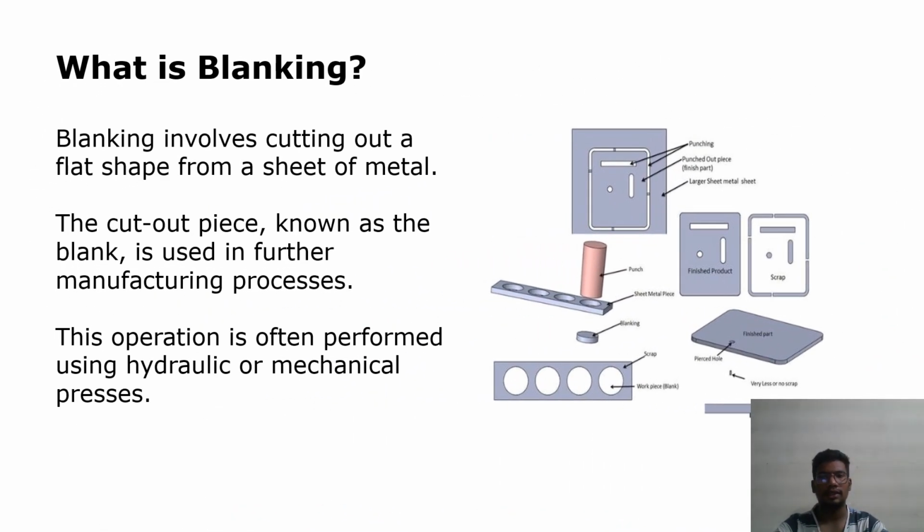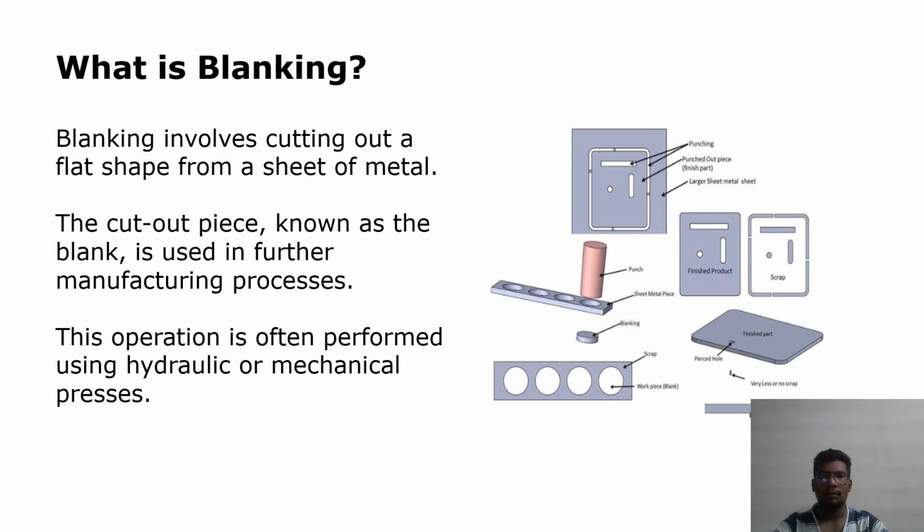What is blanking? Blanking involves cutting out a flat shape from the sheet of metal. The cut out piece, known as the blank, is used for further manufacturing processes. This operation is often performed using a hydraulic press or mechanical press.